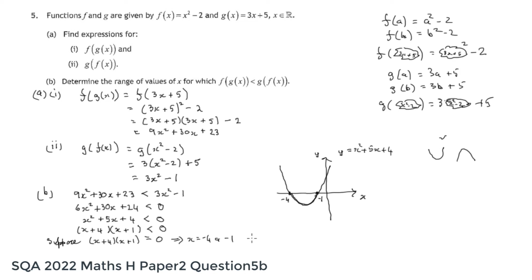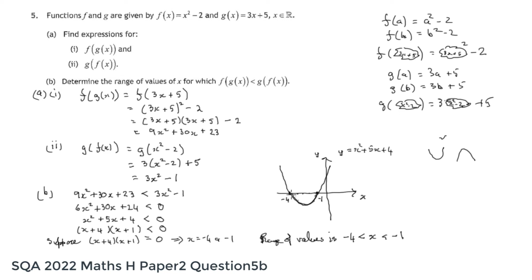So the range of values x lies between negative 4 and negative 1. And if that's the case for any x value in here, you work out y, you'll get a negative answer.